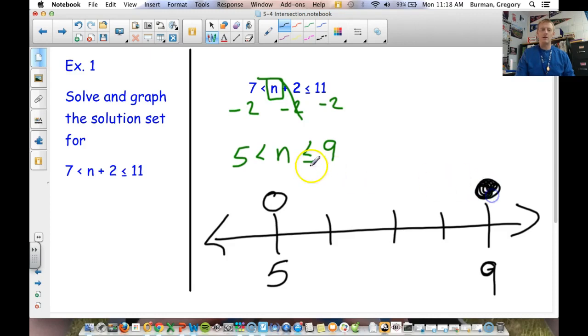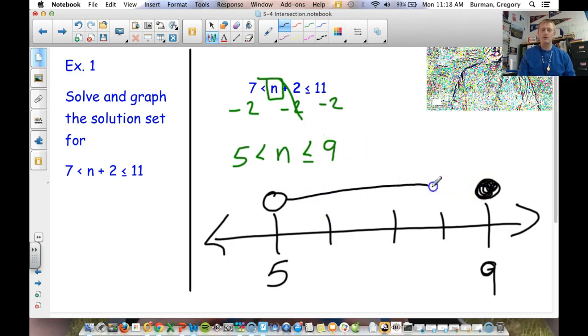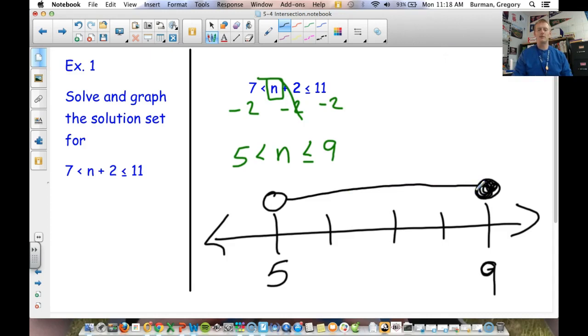And this is all because of my inequalities over here. Because n is greater than 5 goes this way, n is less than or equal to 9 goes the other way, these are going to intersect. That's why this lesson is called an intersection. So that means n must be a value between 5 and 9. So it has to be greater than 5 but less than or equal to 9.